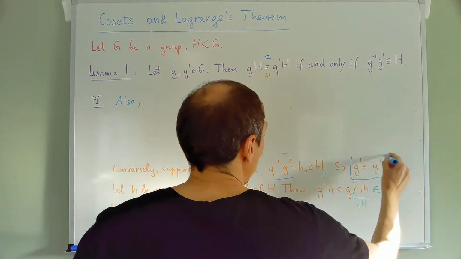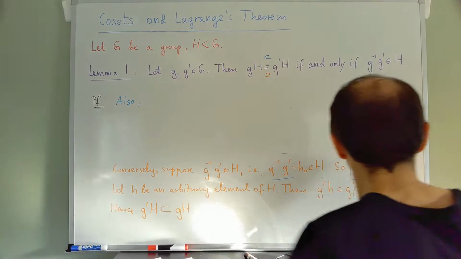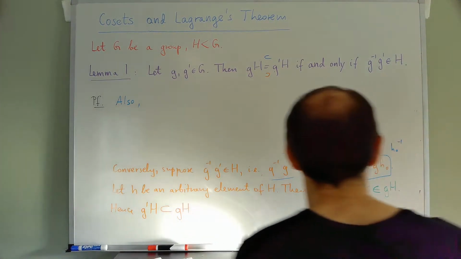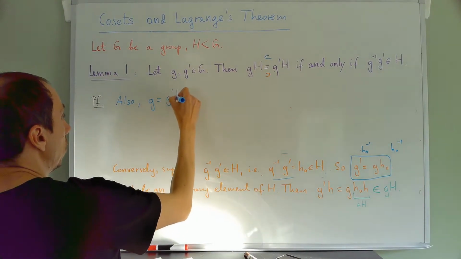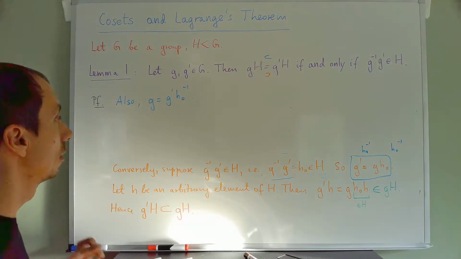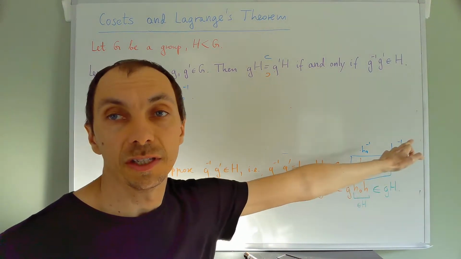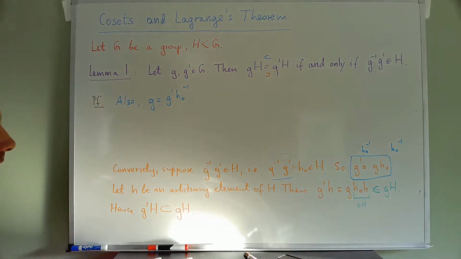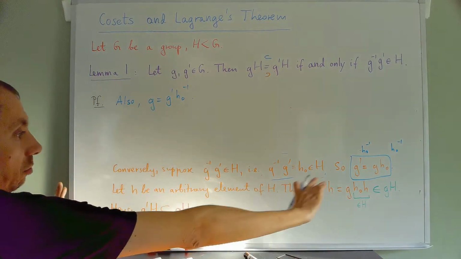From this, if I multiply both sides on the right by H0 inverse, I get that G is equal to G prime H0 inverse. Okay? G H0 H0 inverse just gives me G, and on the other side I get G prime H0 inverse. So I get that.